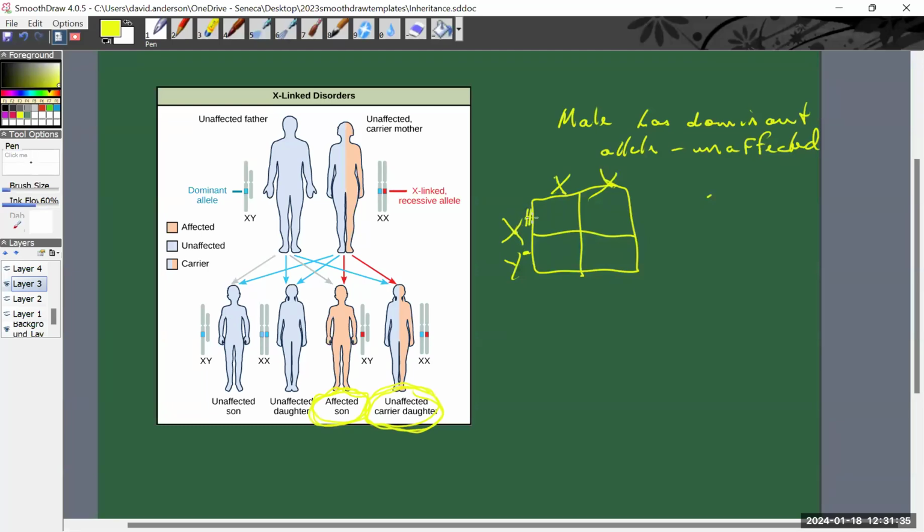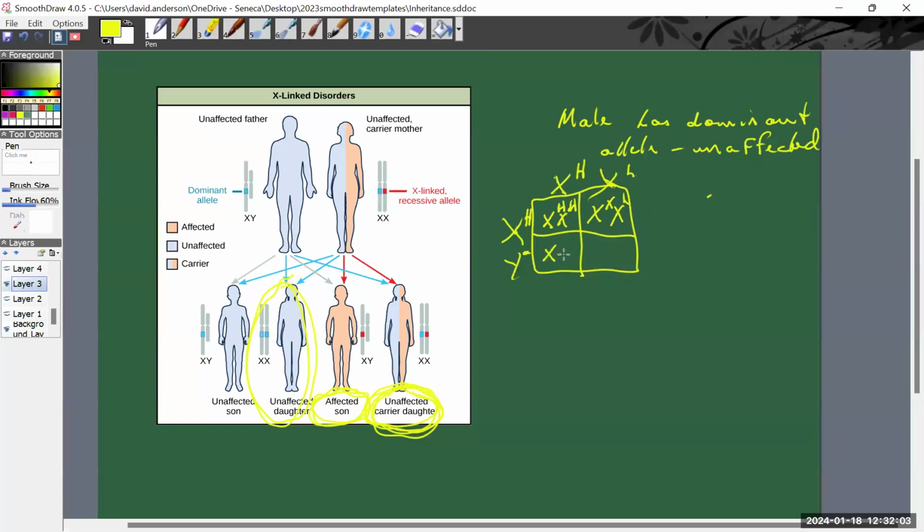So a normal male would present this way, a carrier female would present this way. When we combine the chromosomes, we get a homozygous female, that's this female right here. We get a heterozygous female who is a carrier. So that's this daughter right here.